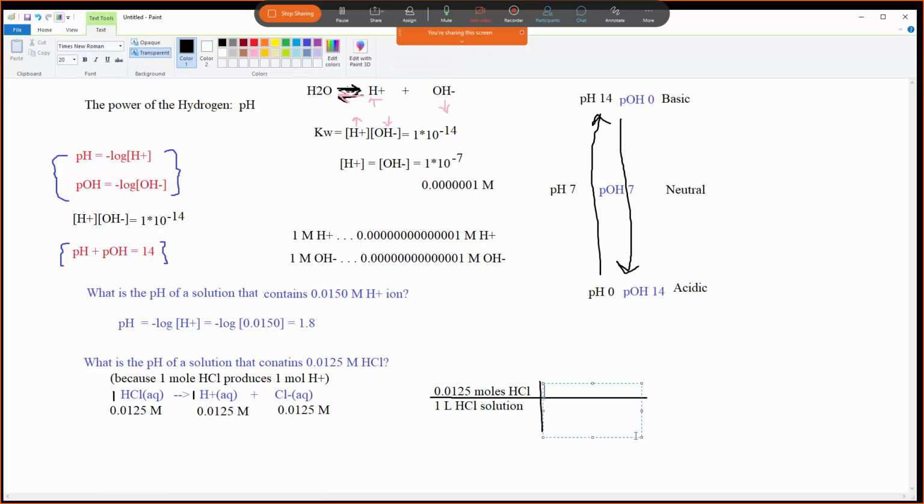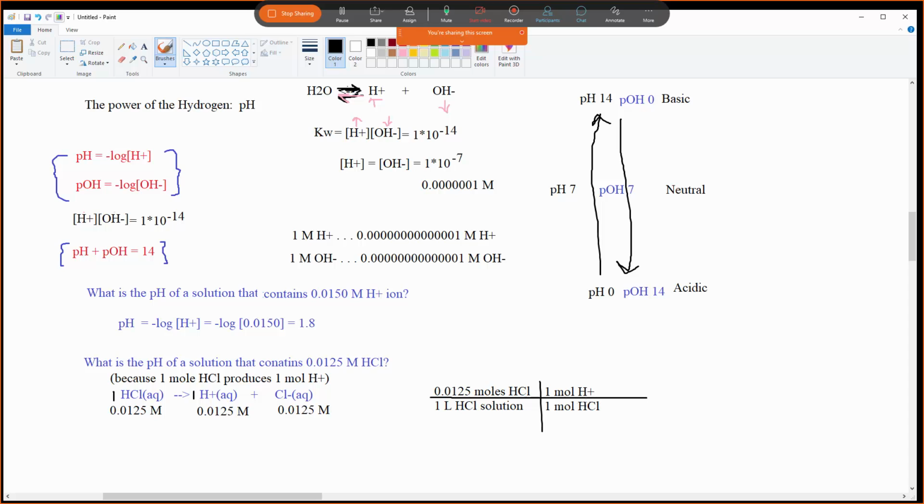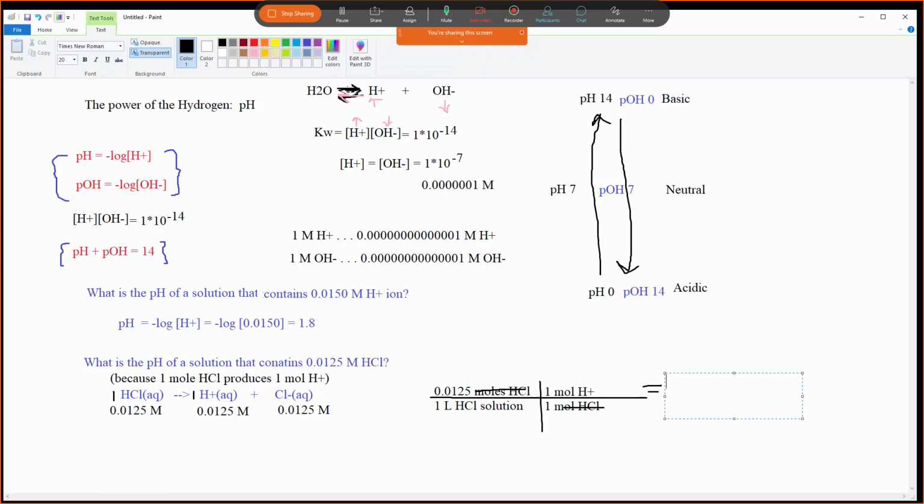So for every 1 mole of HCl that dissociates in solution, I'm going to get 1 mole of H plus ions. Therefore, my moles of HCl cancel, and it's the same solution. The HCl solution contains the H plus and the Cl minus, and so you'll find that the concentration of your strong acid is going to be the same as the concentration of your hydrogen ion.